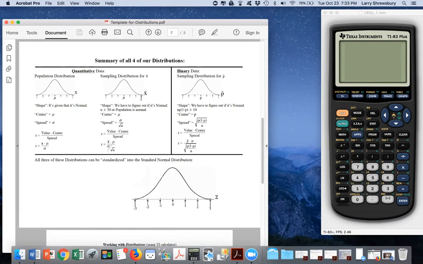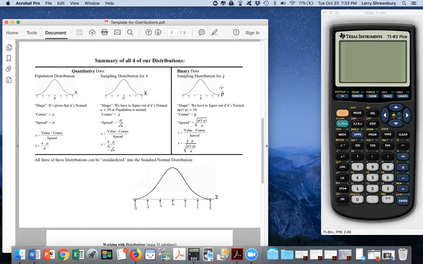And of course, this distribution could be standardized into the standard normal just by turning every sample mean into a z-score. Just like we could turn every data value into a z-score, this could be standardized, and so can the sampling distribution.